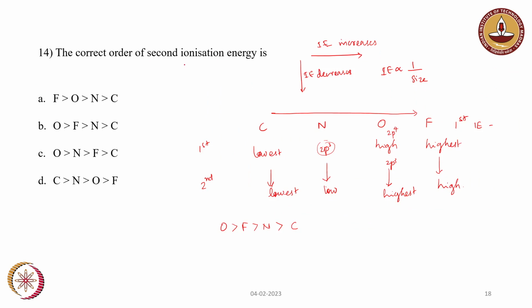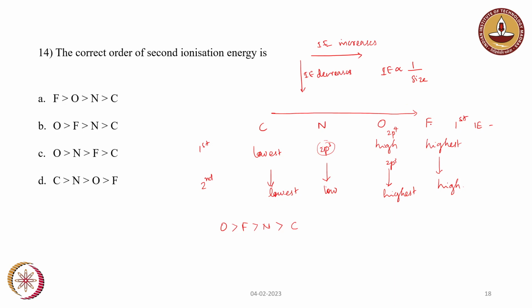And the next one is the correct order of second ionization energy. Here 4 elements are given: carbon, nitrogen, oxygen, and fluorine. When we move along a period, the ionization energy increases, so it becomes difficult to remove an electron from an atom when we move from left to right of a period because of the increase in effective nuclear charge.